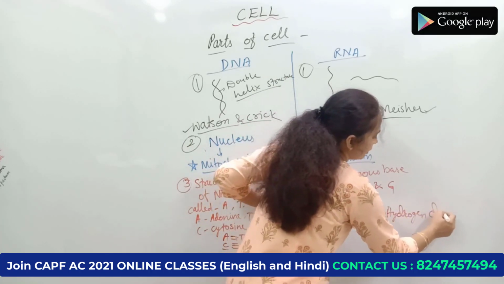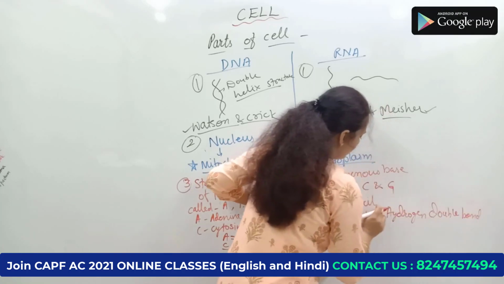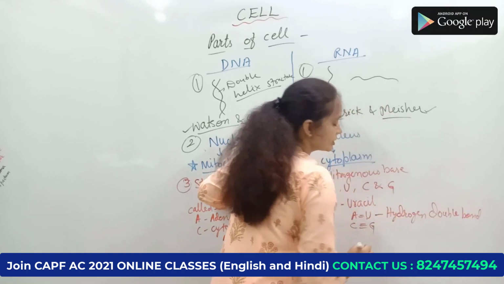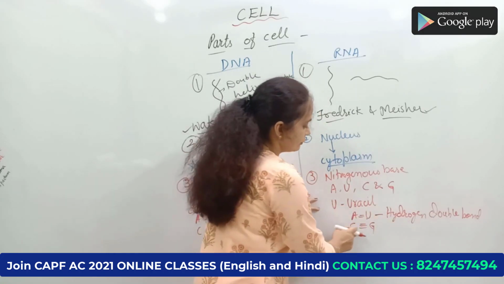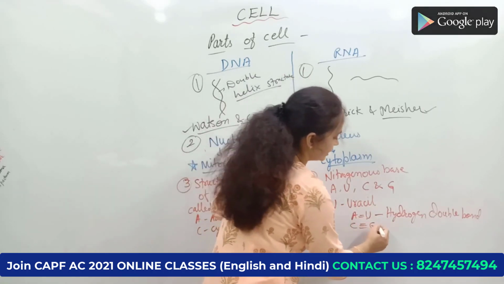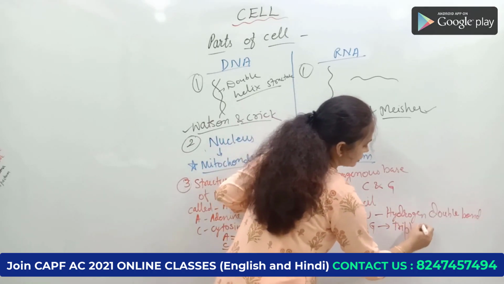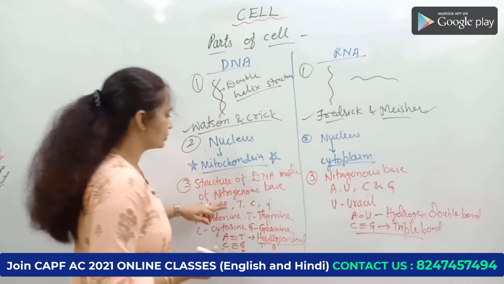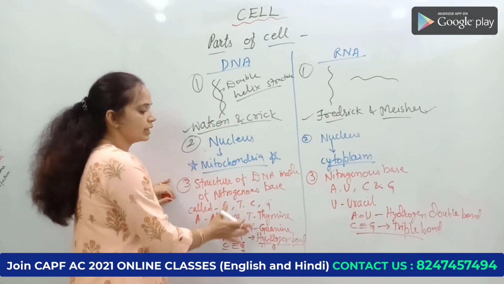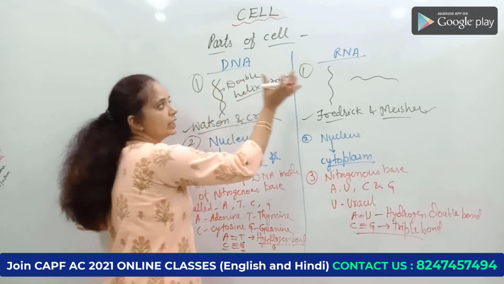You might already have learned about double and triple bonds in chemistry. Here C with G, cytosine with guanine, is again a hydrogen triple bond. This is how the nitrogenous base molecules are bound in the structure of DNA and RNA.